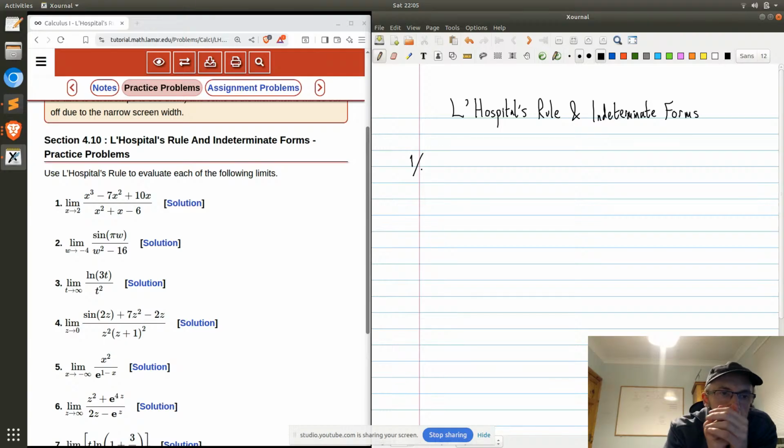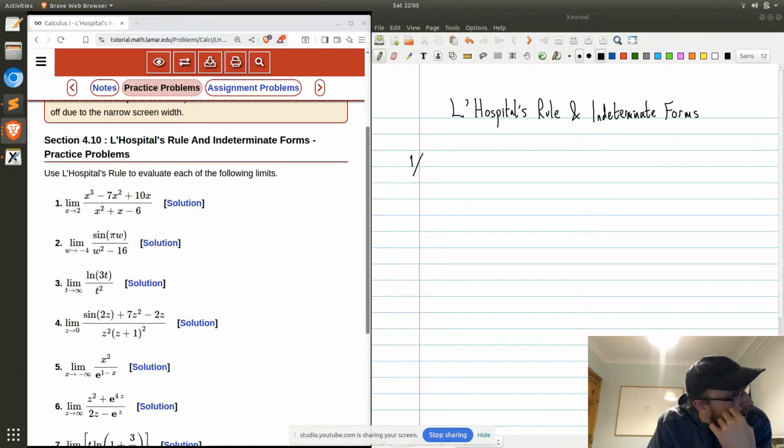Now, if you just put in 2, then it doesn't work. And from what I can remember, this rule says as long as you can differentiate the top and the bottom, you just do that and it'll evaluate to the same thing. Or so I think.